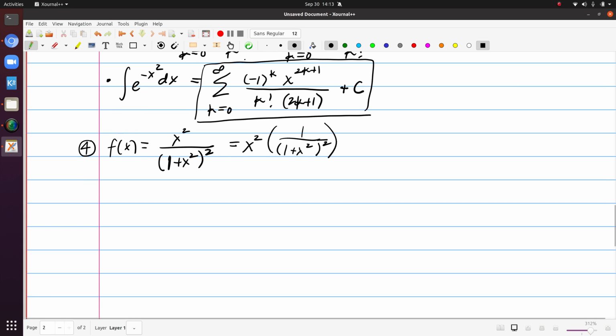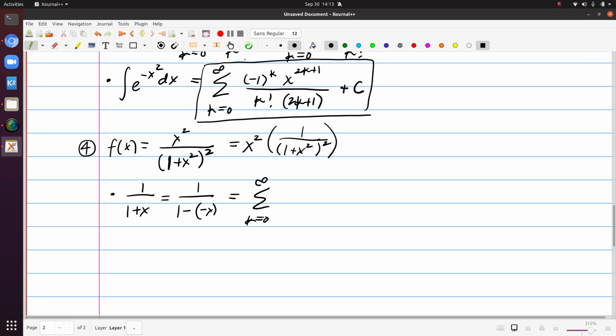So things to look at here, first of all, we can notice that 1 over 1 plus x is 1 over 1 minus negative x. So if I use my Taylor series for 1 over 1 minus x, I can see that this would give me the alternating version of that.